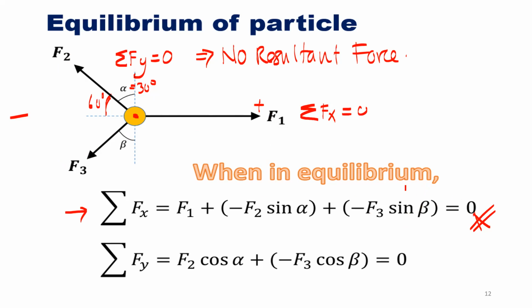Then you do for y. So y also, there should not be a resultant, meaning whatever force acting upward must be equivalent to the force acting downward. The force acting upward will be F2 cos alpha. The force acting downward, when you resolve, it will be negative. So if up I take as positive, down I take as negative. So it will be negative F3 cos beta equals 0.